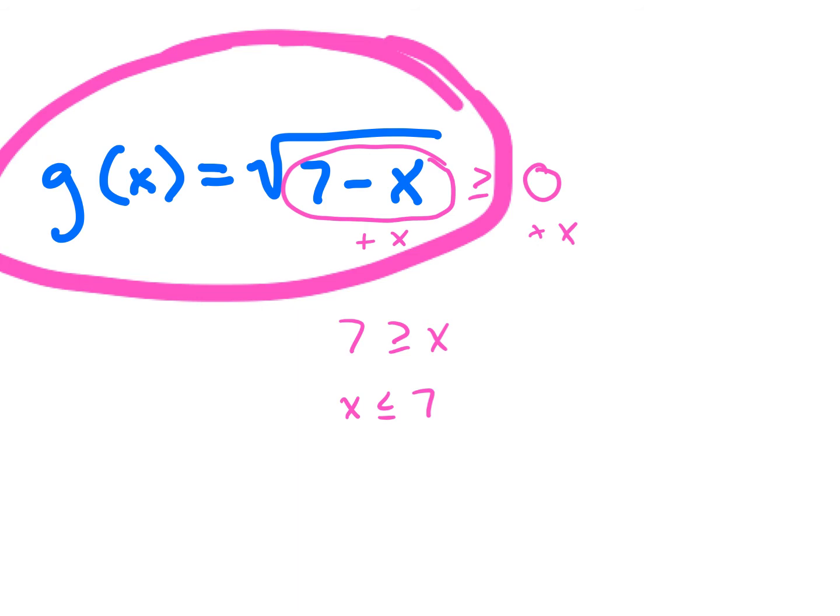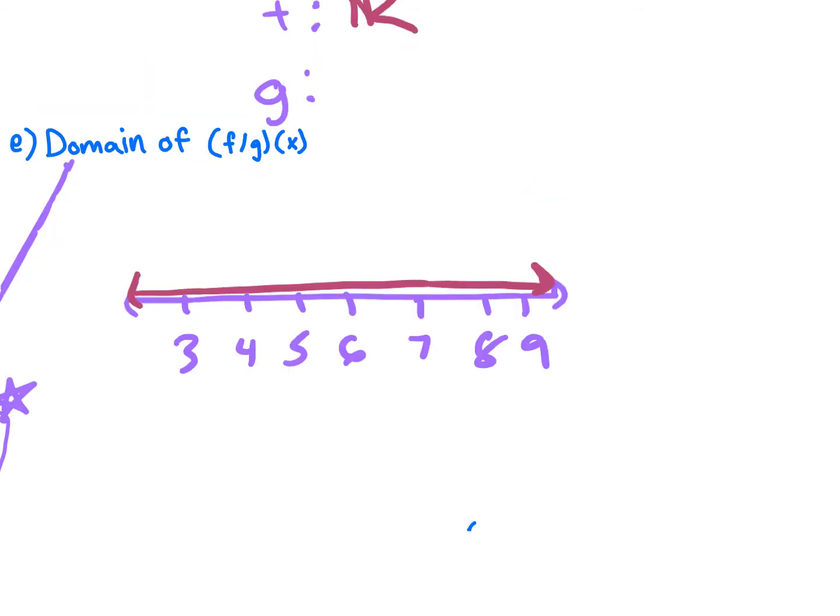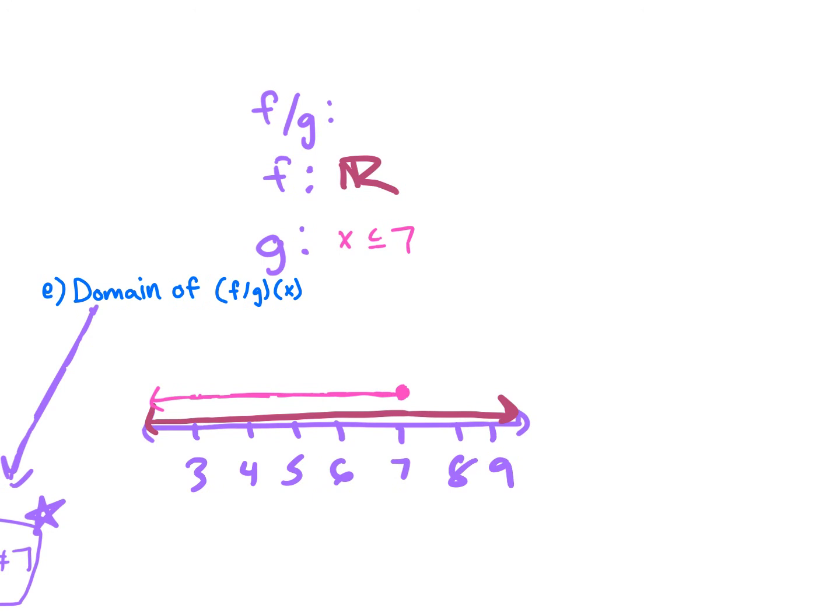So going back to my number line, x can be anything less than or equal to 7. So it's this way here. So then it would be negative infinity to 7.